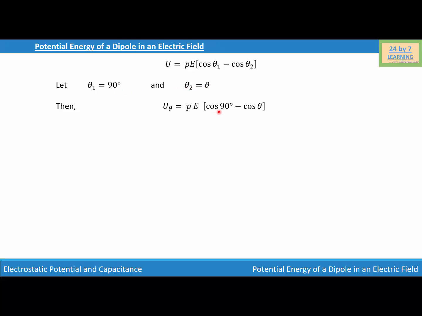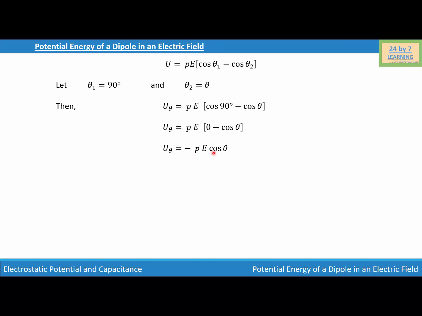We know that cosine 90 is 0, so U theta is equal to PE inside the bracket 0 minus cosine theta. If we simplify further, U theta is equal to negative PE cosine theta.